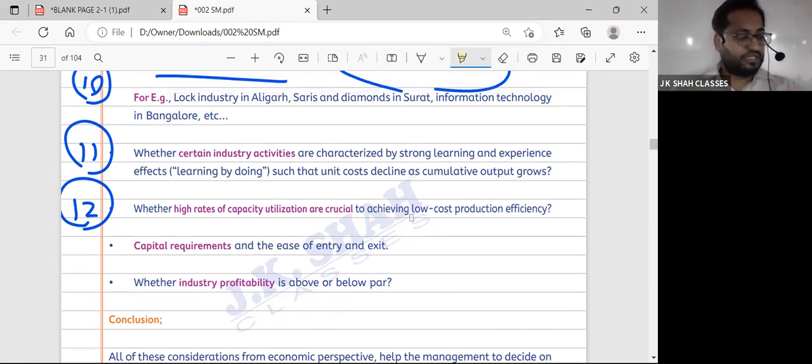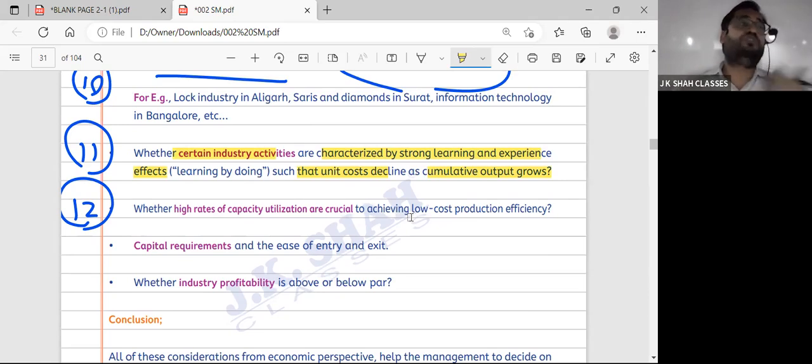Look at this. Certain activities are characterized by strong learning and experience effect. Unit cost declines as cumulative output grows. The next one is for machines. Next one is for machine-oriented activities. What is machine-oriented activities?